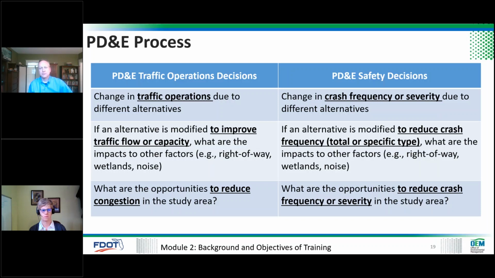And then finally, what are the opportunities to reduce queuing in the study area? And for a safety decision, it's what are the opportunities to reduce crash frequency or severity in the study area? So ultimately, we're working to bring quantitative safety to the table so crash frequency and severity can be considerations in the alternatives analysis of project decision making, similar to any other environmental impact analysis. So next slide, please.